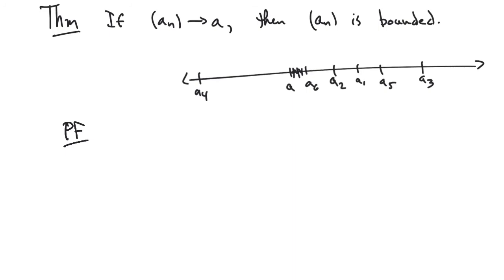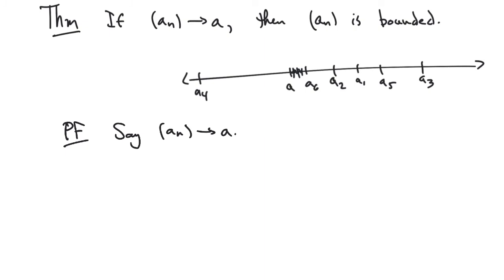Our assumption in this theorem is that AN converges to A, right? So I'm going to start by saying, let's say AN converges to A, all right? What that means is for all epsilon greater than 0, and then lots of stuff about for all epsilons. Here's something that we're going to encounter a lot more of in the future.